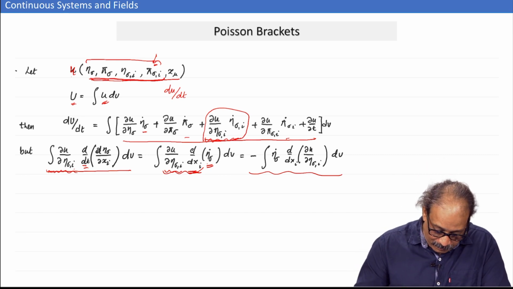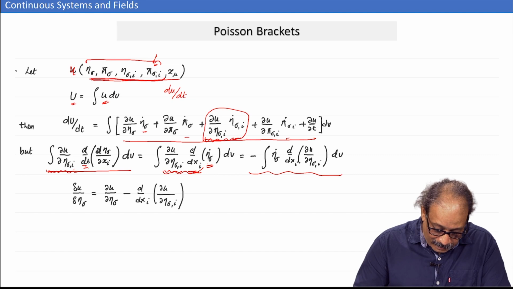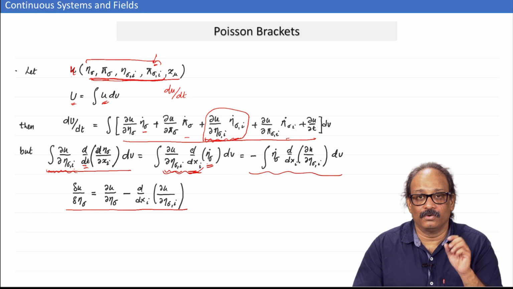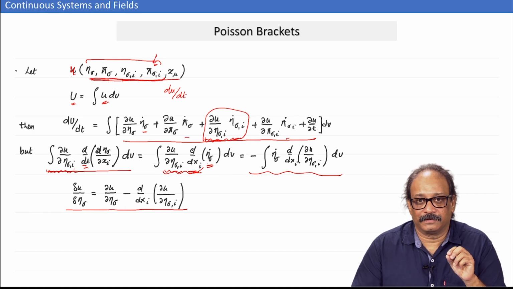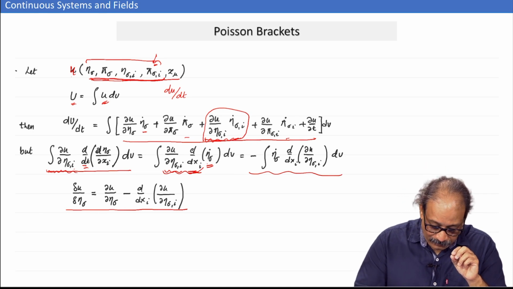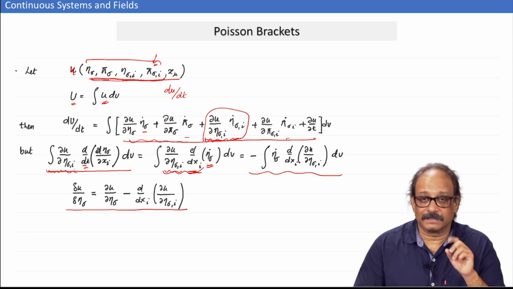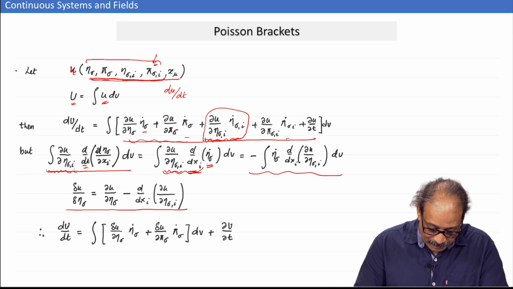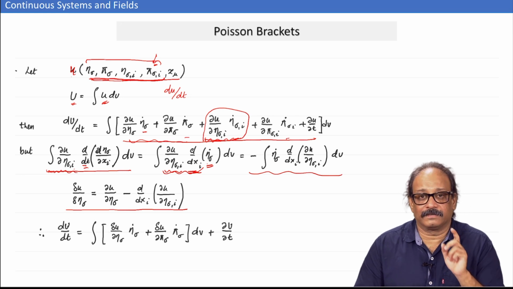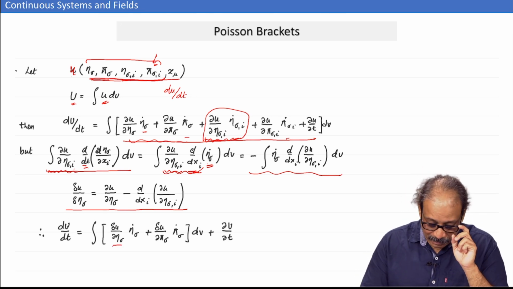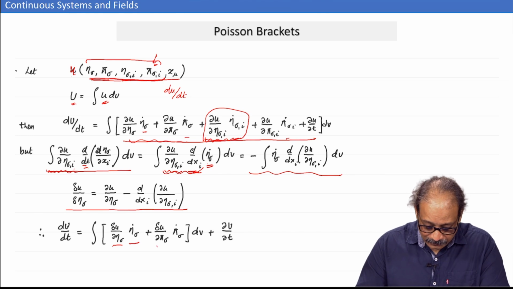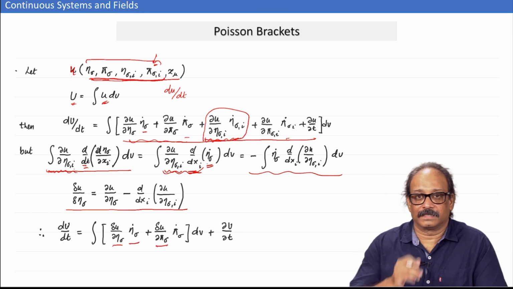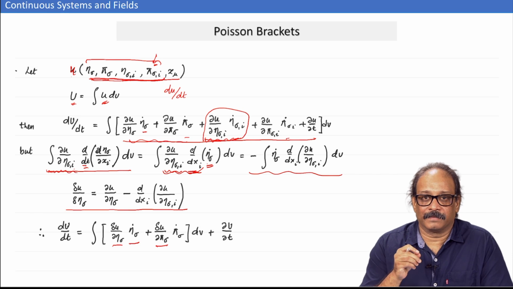Now, you put it back into the equation and notice that the functional derivative of u with respect to eta sigma is in fact what exactly appears here. So this entire expression will become the functional derivative of u with respect to eta sigma times eta sigma dot, and the functional derivative of u with respect to pi sigma times pi sigma dot.